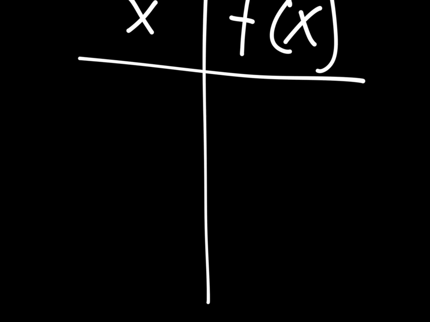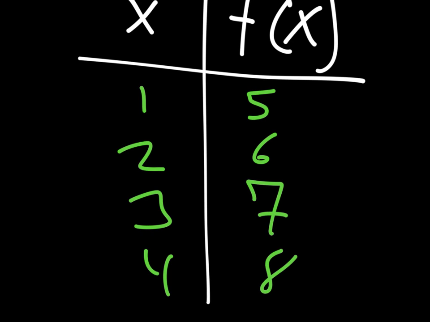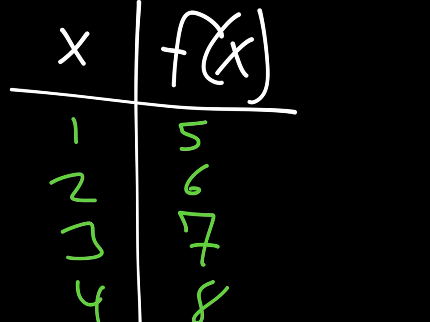So, we're going to have x be 1, 2, 3, and 4. We're going to have 5, 6, 7, and 8. Okay. So, obviously we can see that whatever the x is, we're adding 4 to it, okay?